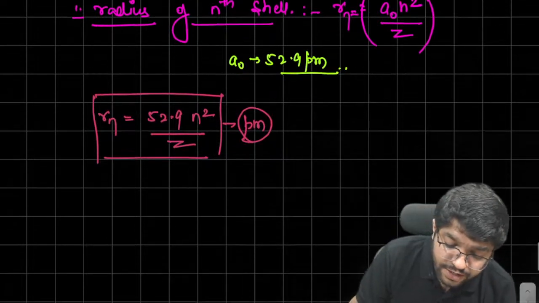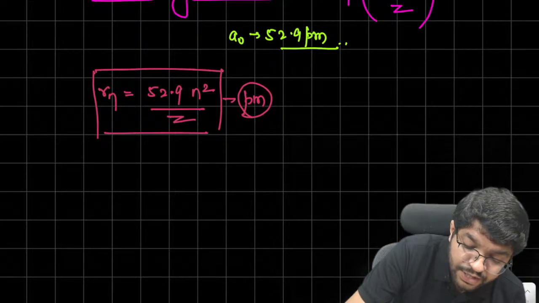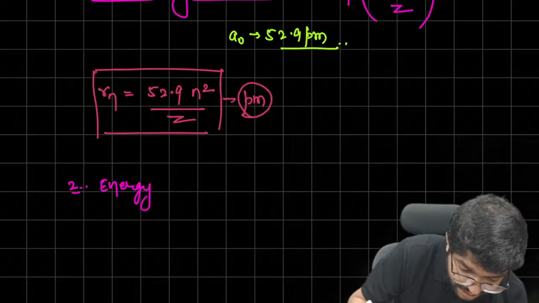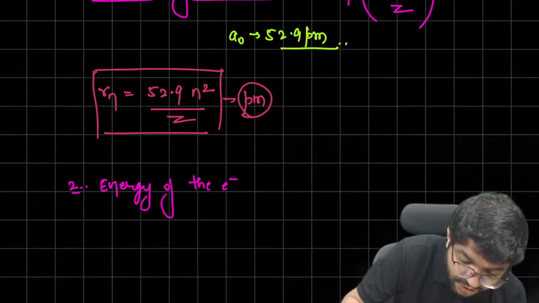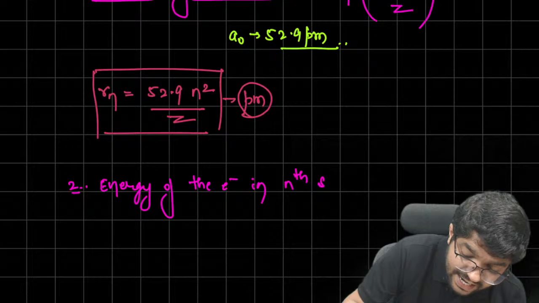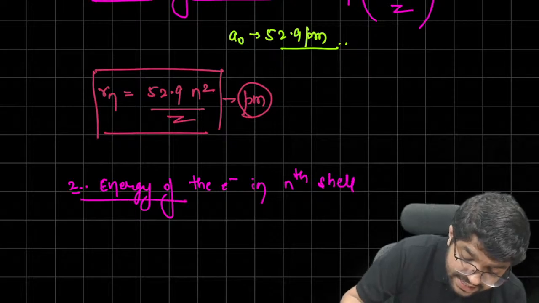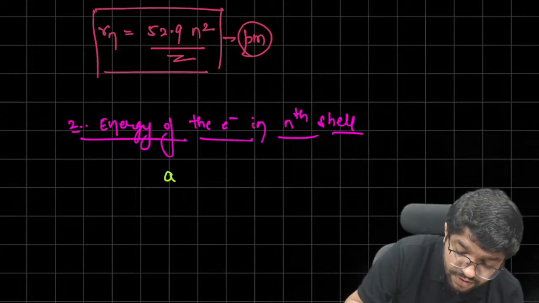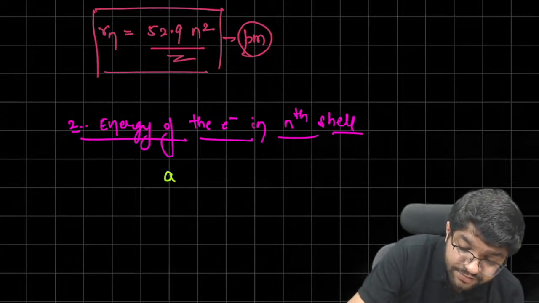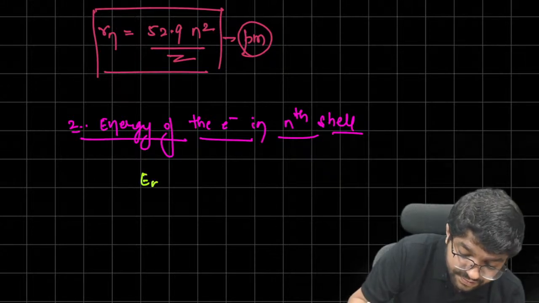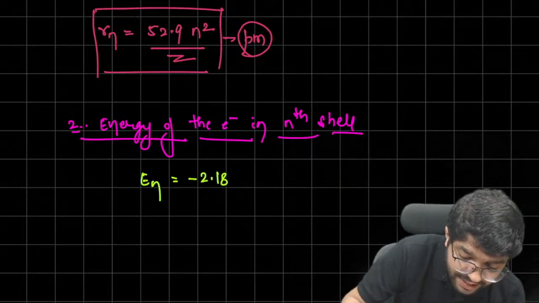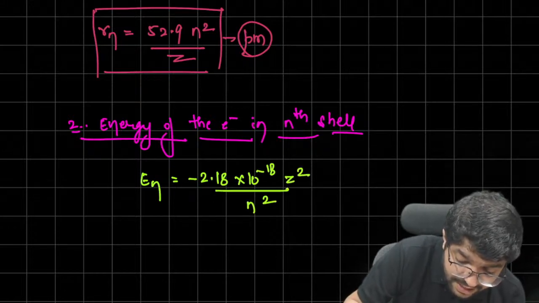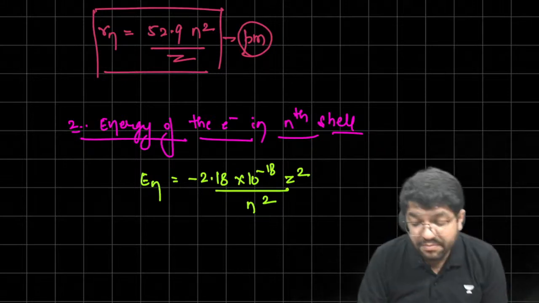And last but not the least, it also talks about the energy of the electron in nth shell, and that is E equals minus 2.18 into 10 power minus 18 Z square by n square. Very important.